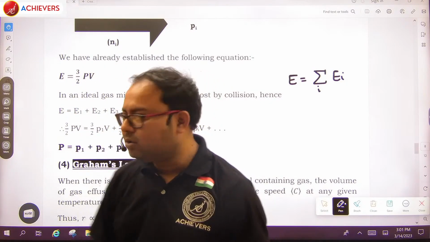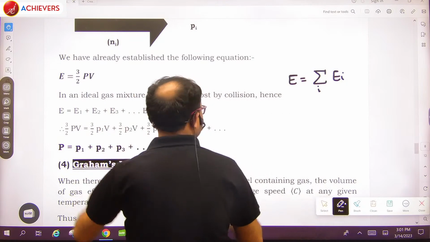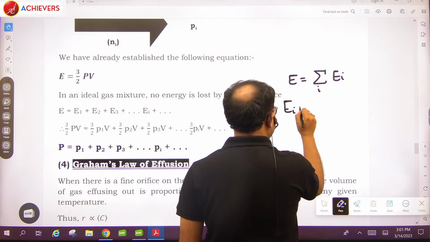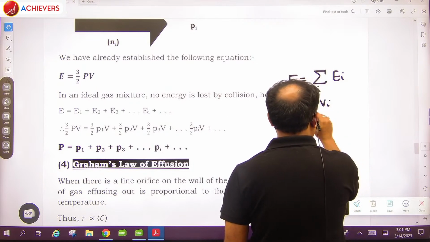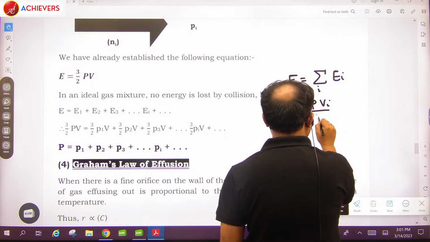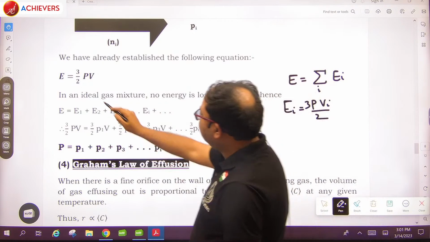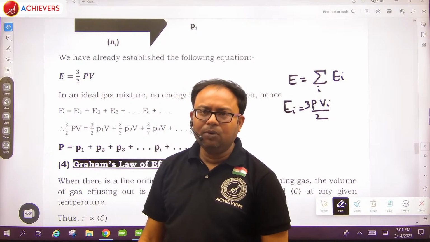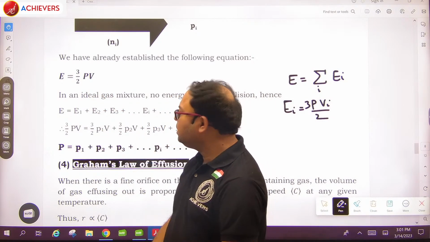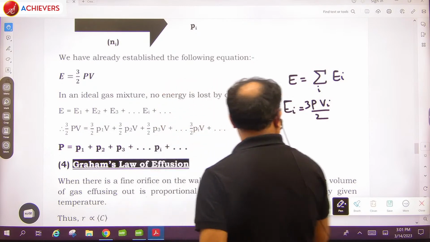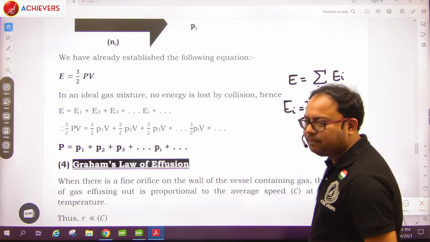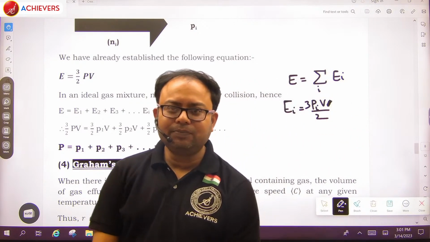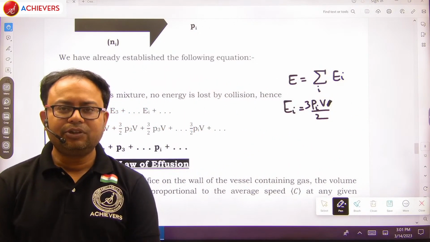So volume is constant. So basically, Ei is written as 3 Pi V by 2. V is constant.